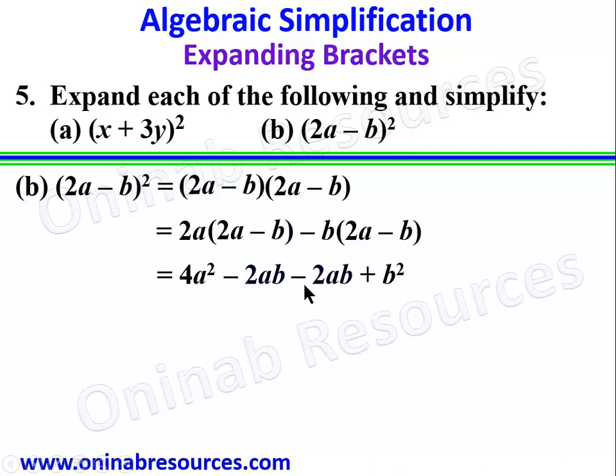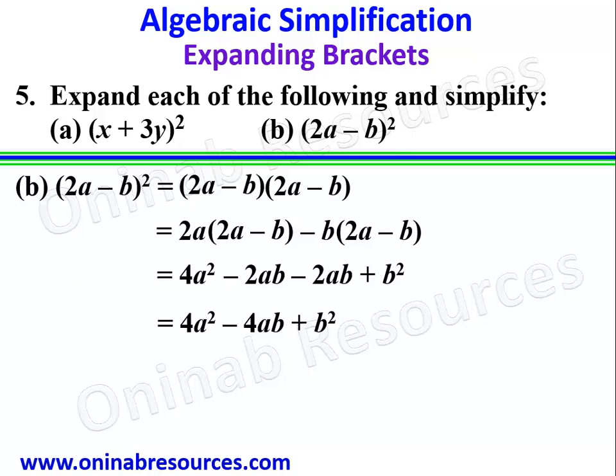So we simplify the middle terms. 4a squared, then minus 2ab minus 2ab gives minus 4ab, then plus b squared. And that is the end of the solution of problem 5.